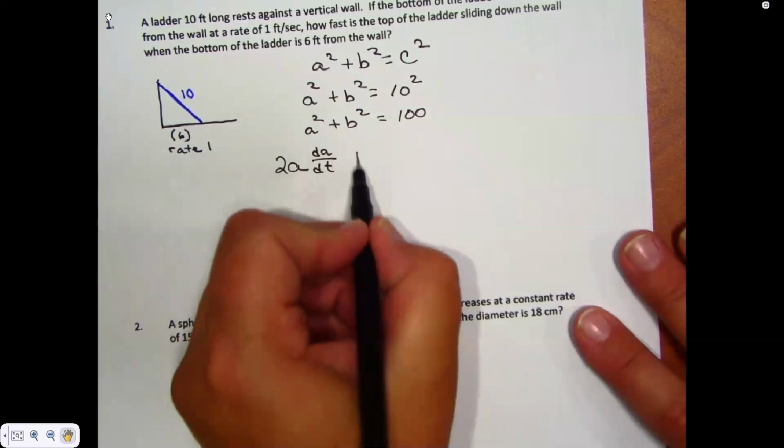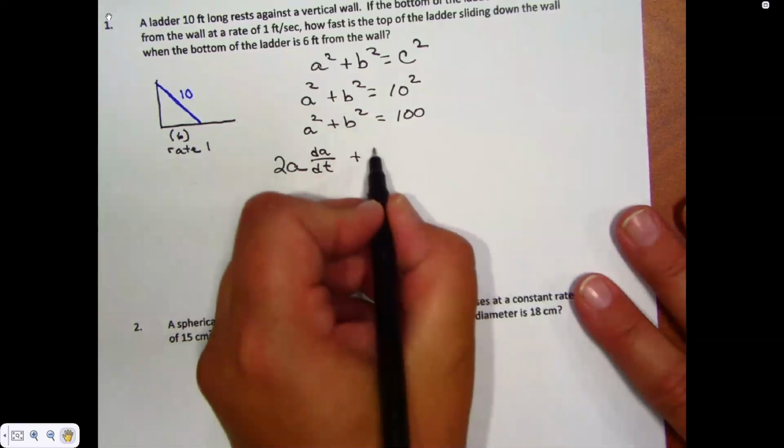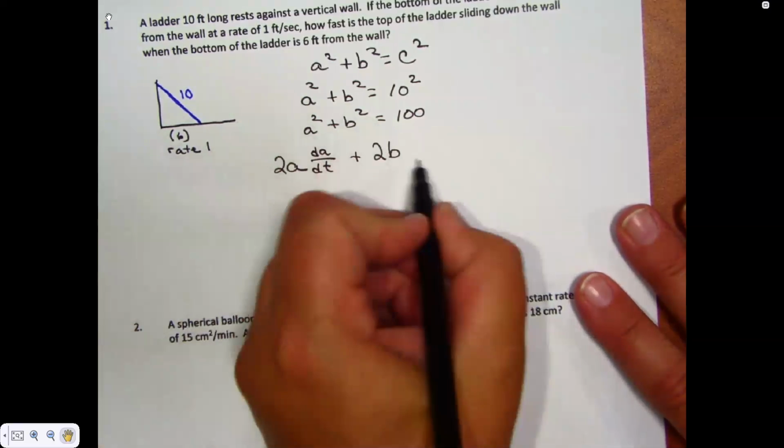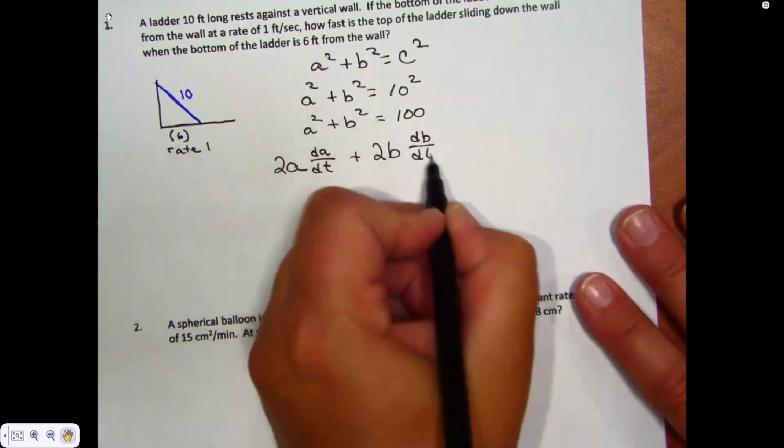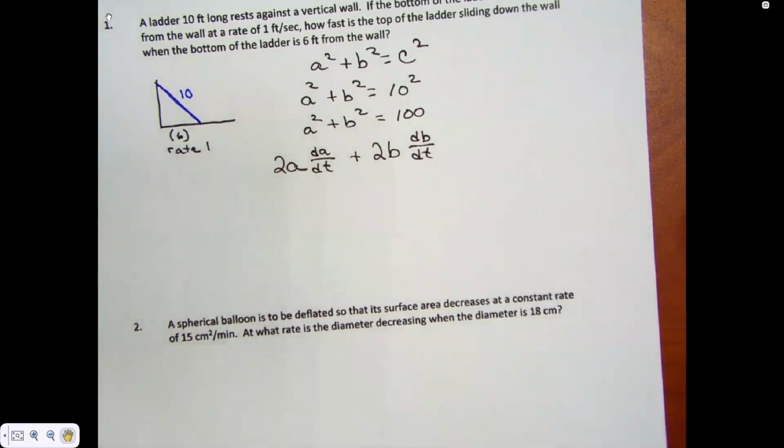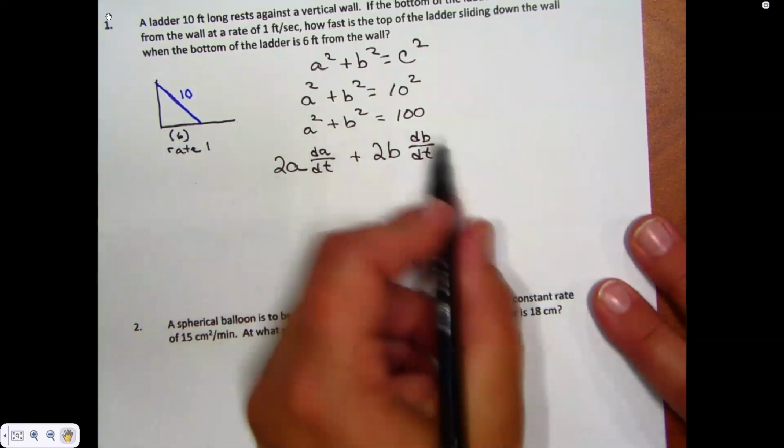And then we get to practice it again. We're going to roll it down, subtract 1, so 2b, but then db, in terms of time, db dt. Don't forget that. If you don't forget that, then you're in good shape.